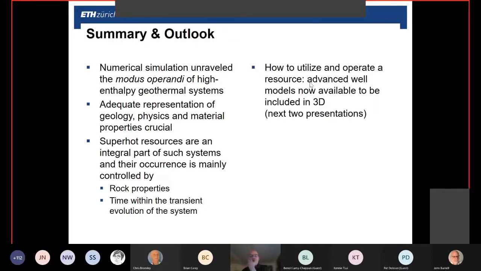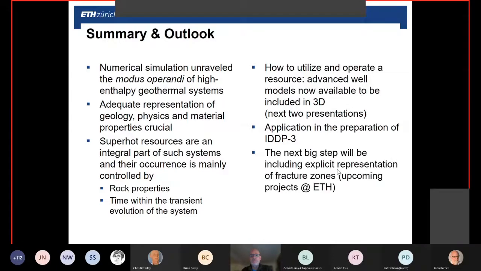We now have some advanced well models that will be shown in the next two presentations by Alina and Benoit. These well models are for different purposes, so they will target different things. They will be applied in the preparation of IDDP3, because there have been some nice well tests at a test site with IDDP 2.5, and we hope we can calibrate these models with this.